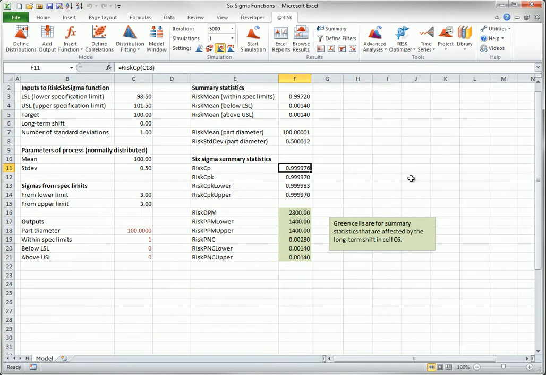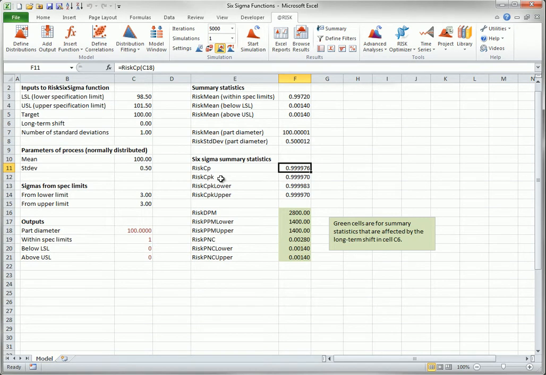Probably the two most common measures of quality are the Cp and Cpk indexes. The first of these, Cp, is relevant for a process where the mean is on target, as it is here. It is scaled to be 1 for a 3 sigma process and 2 for a 6 sigma process. Larger values of Cp are good and smaller values are bad.